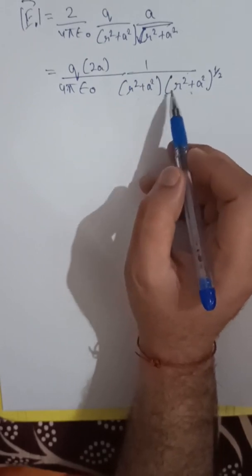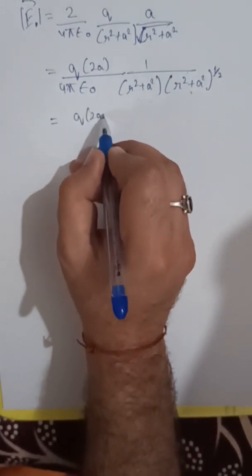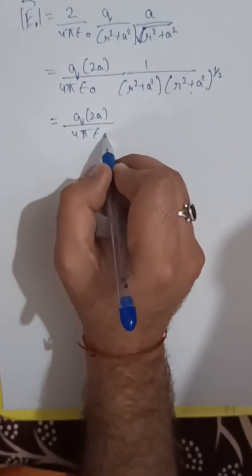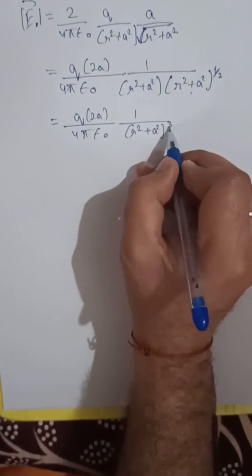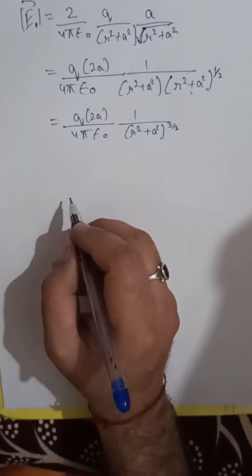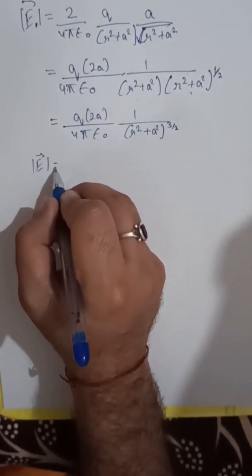So by adding, we get (R square plus A square) to the power 3 by 2.